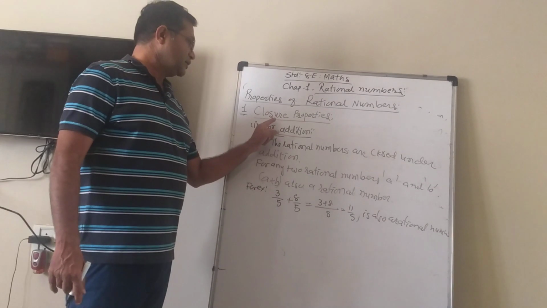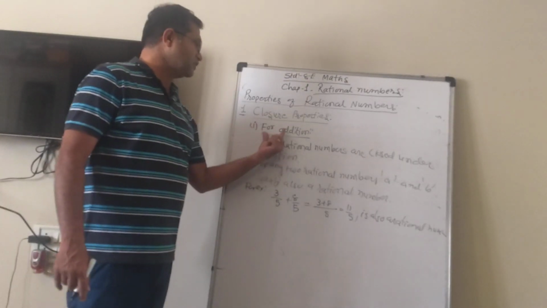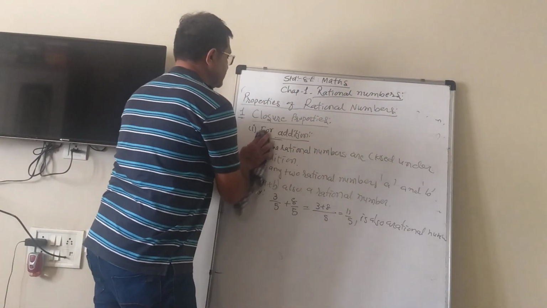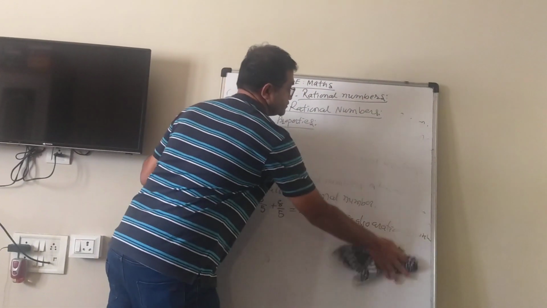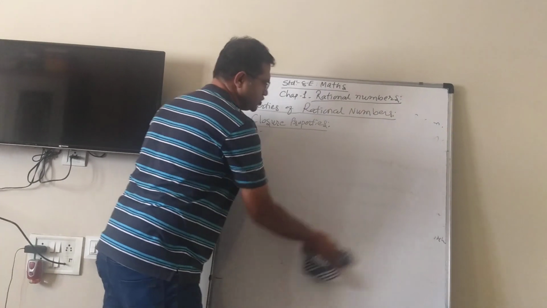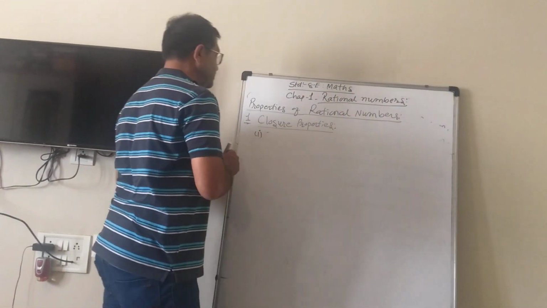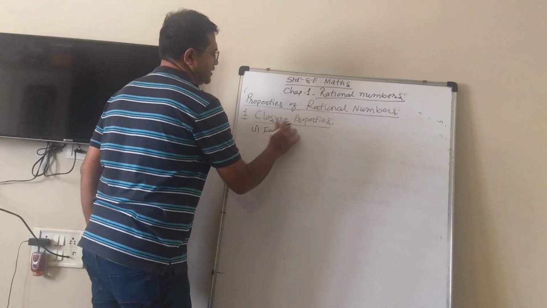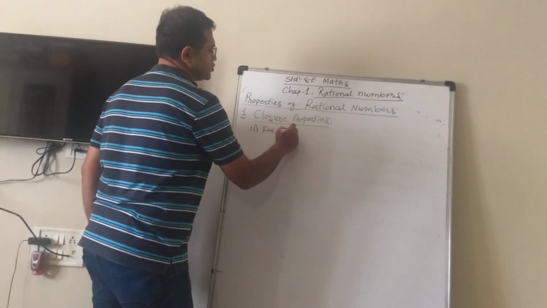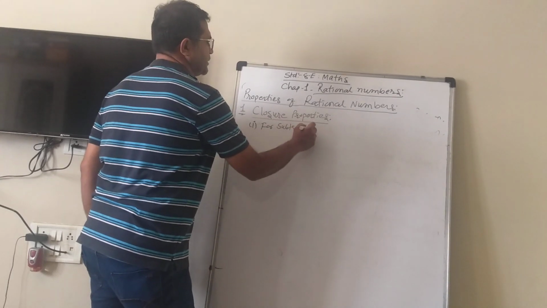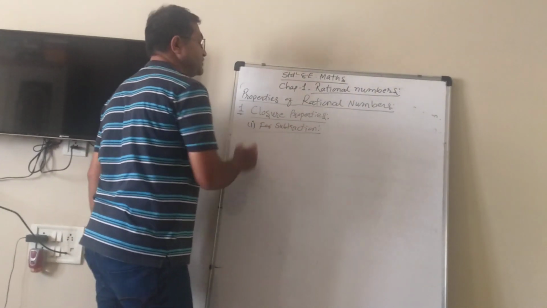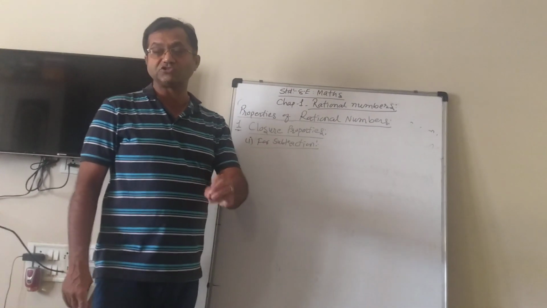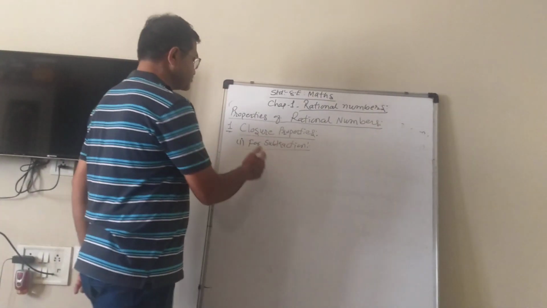So now we will check for the other operation, subtraction. You know about it because you learned in standard 7 that when you subtract two rational numbers, the answer is again a rational number.